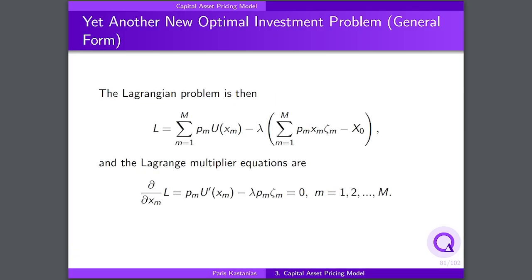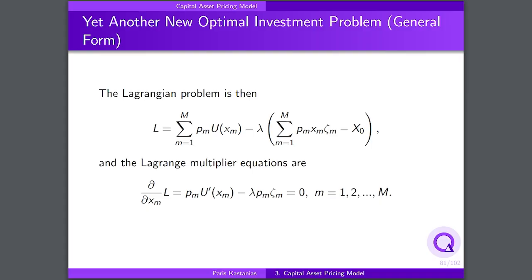So the Lagrangian for this problem is going to be L equals the sum of the pm u of xm minus lambda times this, okay? The partial derivatives are going to be all set to 0.